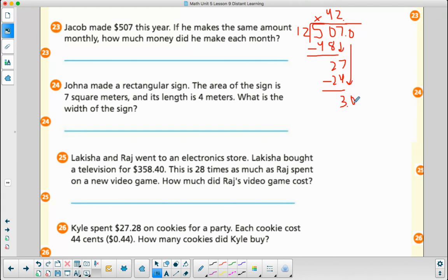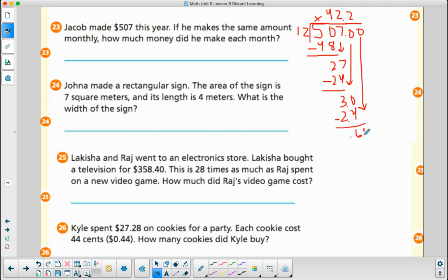How many 12s in 30 tenths? Would be 2 again. Gives me 24 again. But it's tenths, so 24 tenths needs a decimal there. I'm left with 6 tenths. So I'm going to attach another 0 for my hundredths.